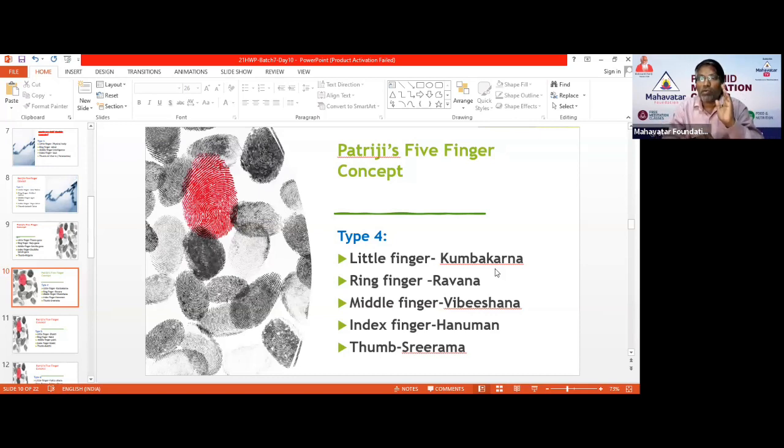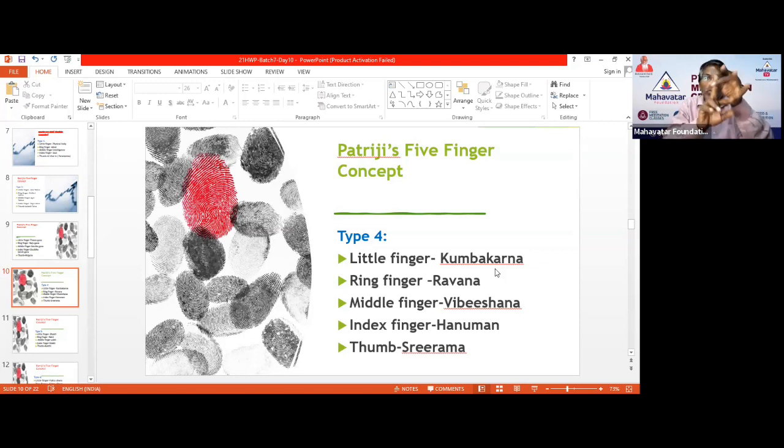Then the ring finger, Ravana. Ravana has a lot of wisdom, of course, but because of his temperament, his own aggressiveness, that is called rajoguna. This temperament refers to the role of Ravana. As a Ravana, how we behave, isn't it? So the ring finger indicates Ravana, and this is Kumbhakarna.